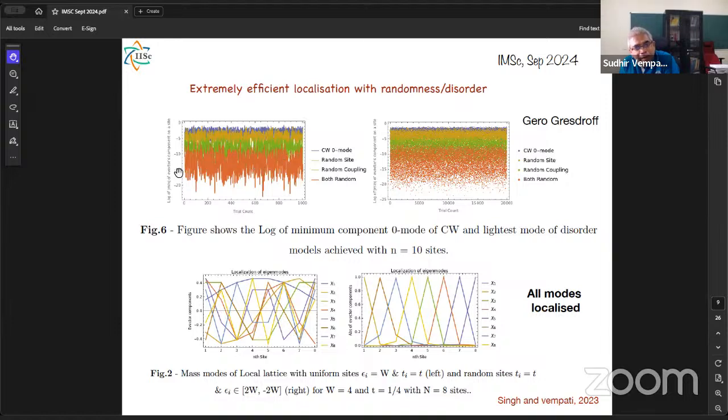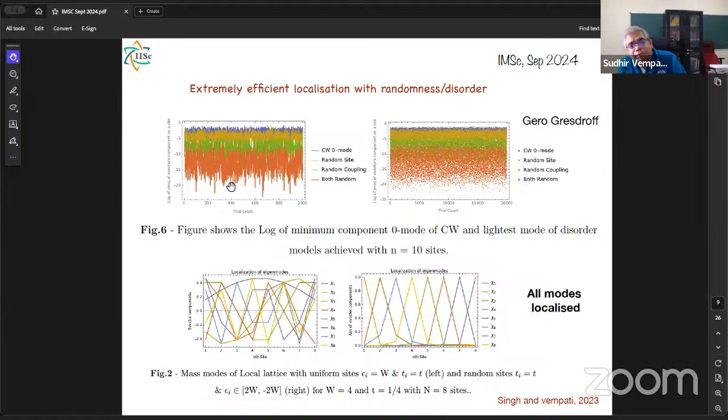If both of them are random, you can really generate very large hierarchies. Now, in the standard model, we don't need such deep hierarchies; we have something like 10 to the power minus 12 hierarchies, which are good enough for us to explain all the fermion masses and mixing angles.